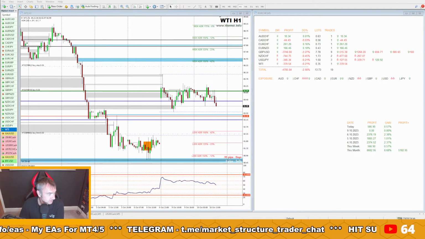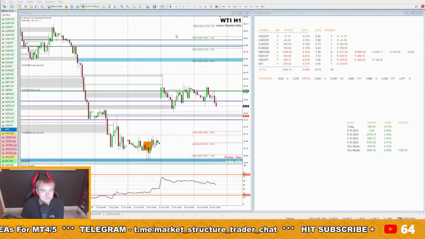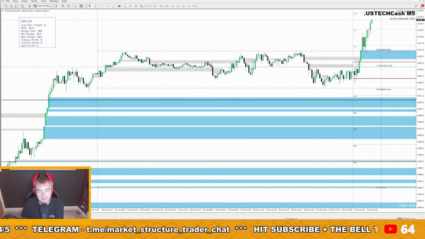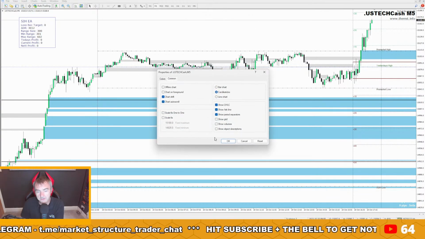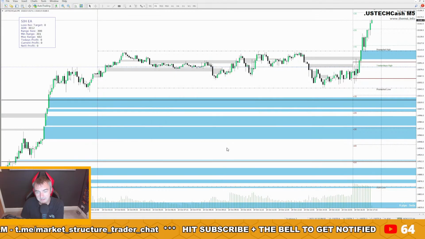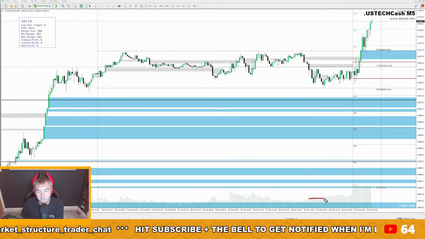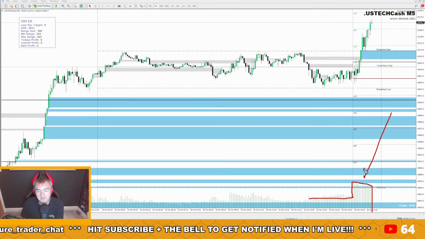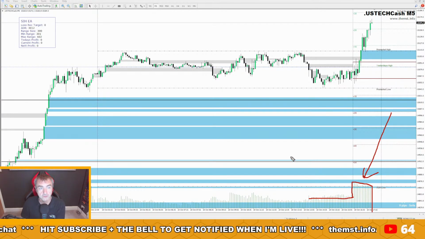Somebody just reminded me, we were talking about volume in the Telegram group to do with stock indices. You can't use this volume in your broker because it is just your broker. The volume you see here is the volume being put through the Forex servers right now.